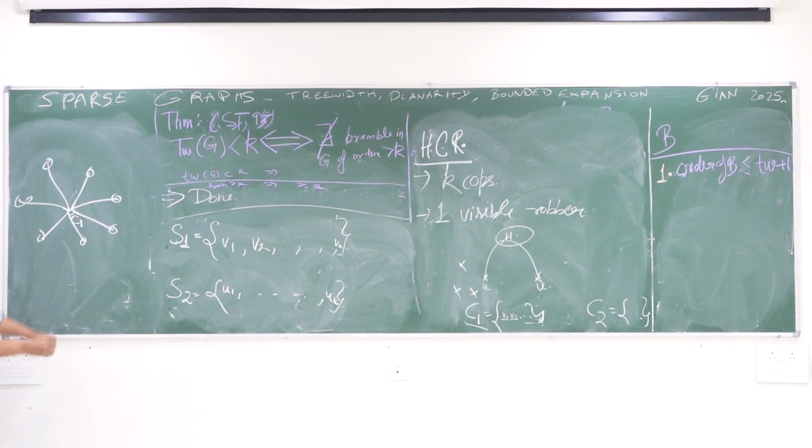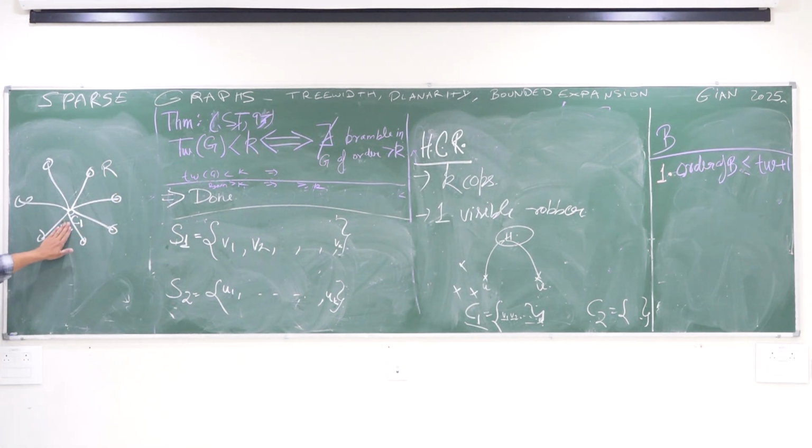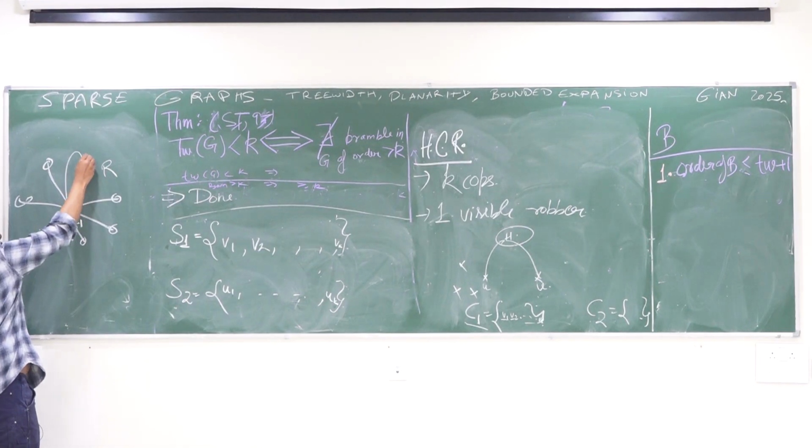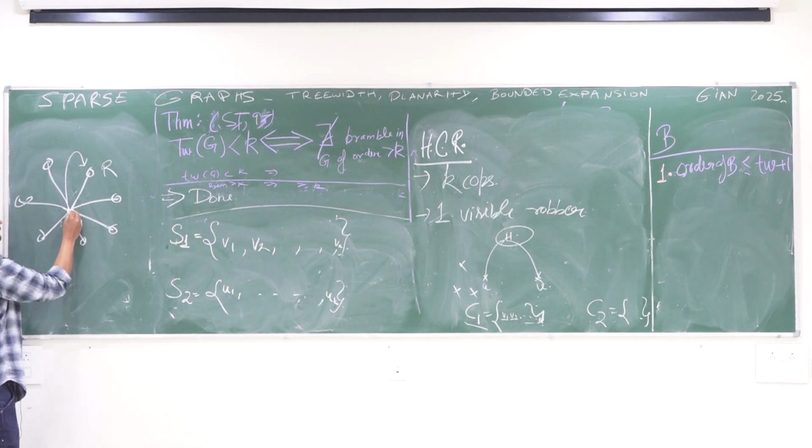C1 is here and C2 is here. Let's say you are the robber, you go here. I pick my cop and I declare that I am coming here. The robber cannot run away. Why? Because it has to go to the center. It cannot cross through a cop.